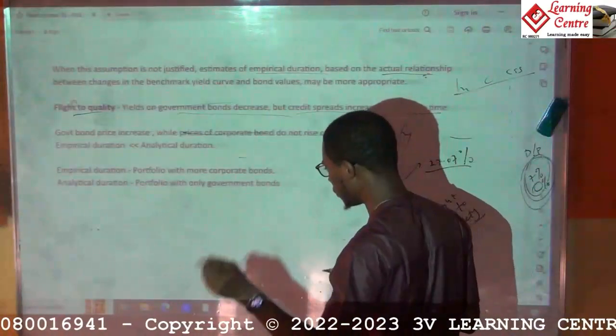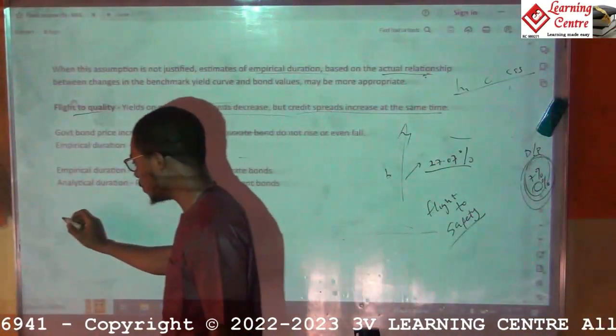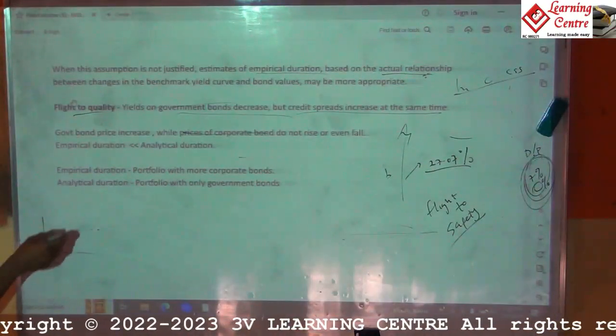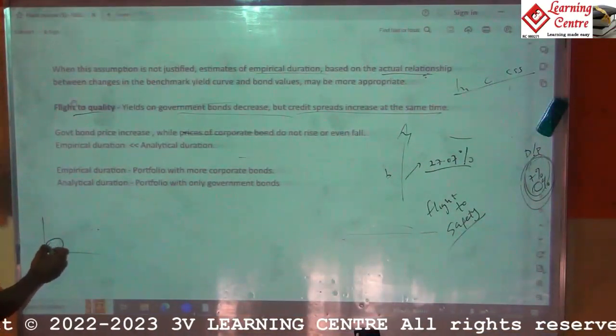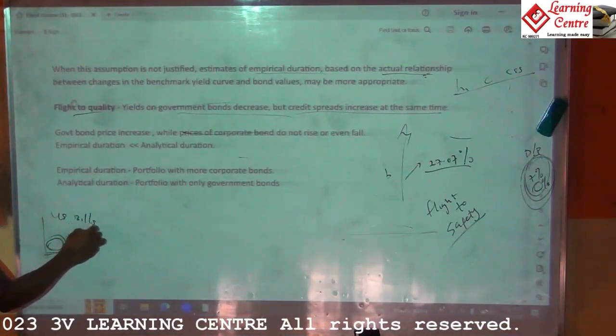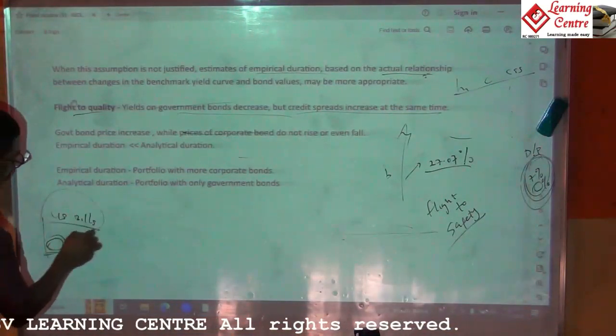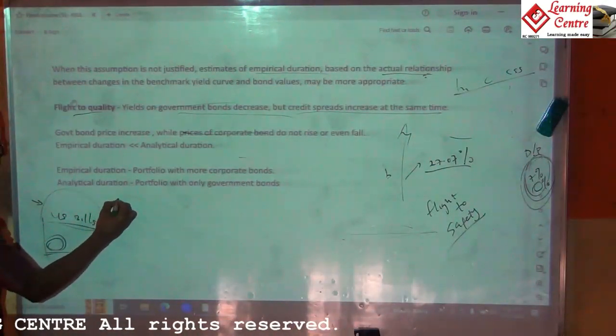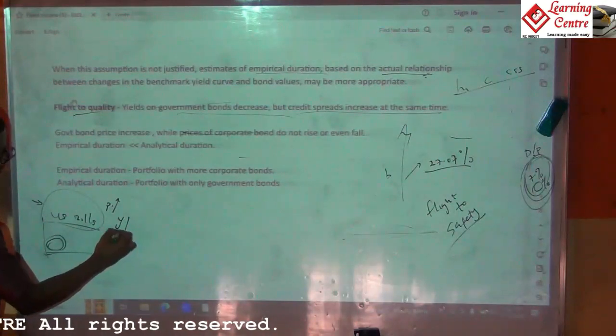Another thing happened like that during COVID. Everybody was taking their money out of the regular market and going to US bills. When everybody comes to US bills, the price goes up and the yield comes down.